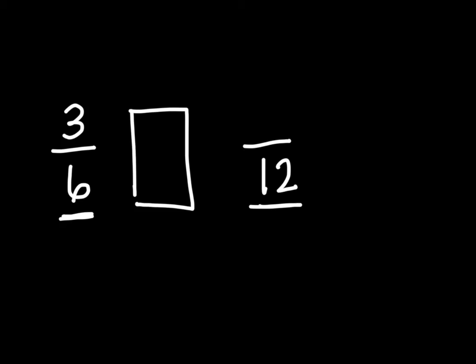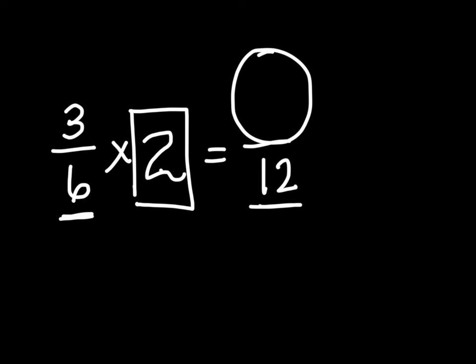It's like division. 12 divided by 6 would be 2. So then I'm going to put a 2 here in my big box because that's what I multiplied by. To find the missing numerator, all I have to do is multiply 3 times 2, which is 6. So my missing number is really 6.